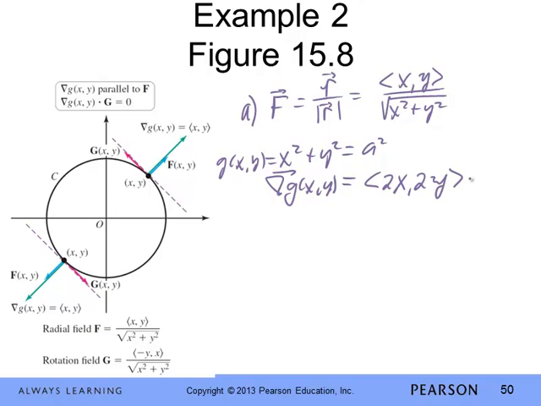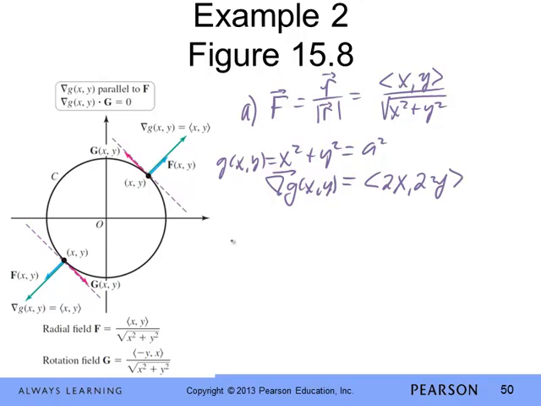And if we want to show that something is tangent to C, so tangent to the curve, well, another way is to take the dot product with a vector that we know to be orthogonal to the curve.